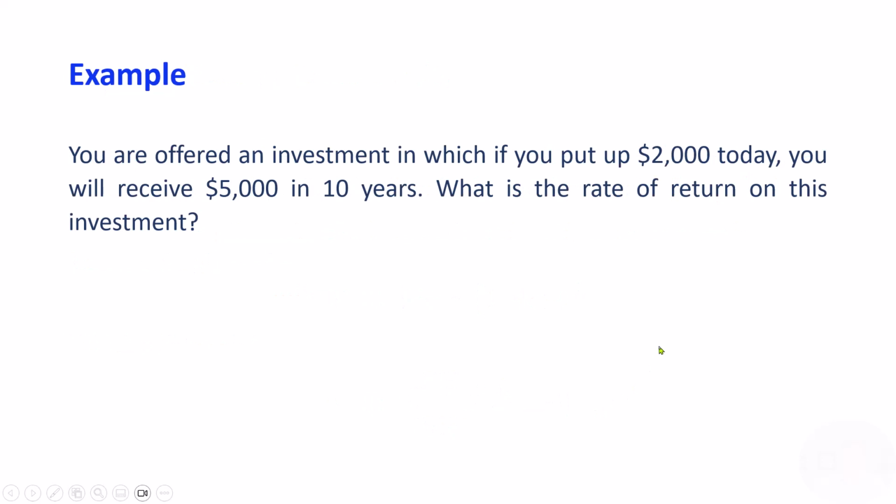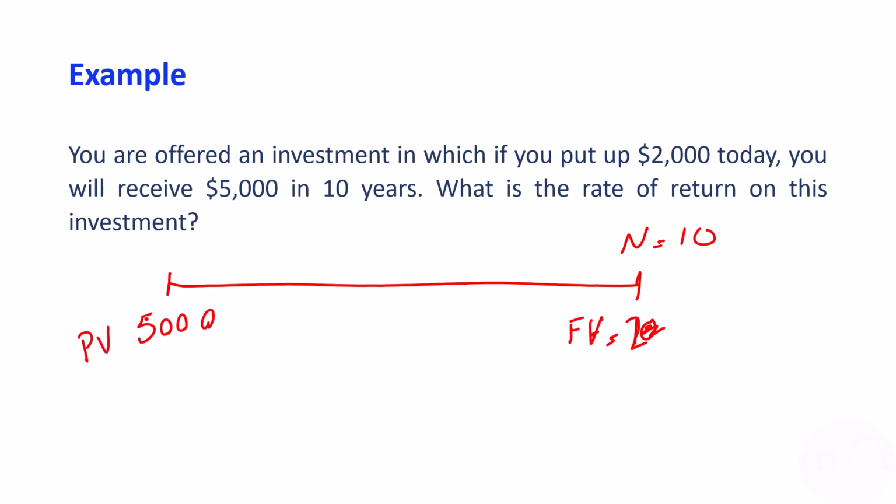Suppose you're offered an investment in which you put down $2,000 today and you'll receive $5,000 in 10 years. What is the implied rate of return for this investment? So you look at a period of 10 years. You're investing $2,000 today and you will receive $5,000 in 10 years.